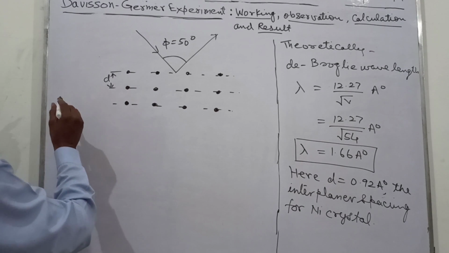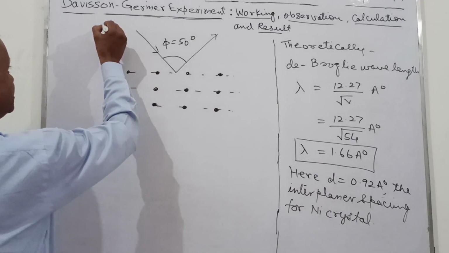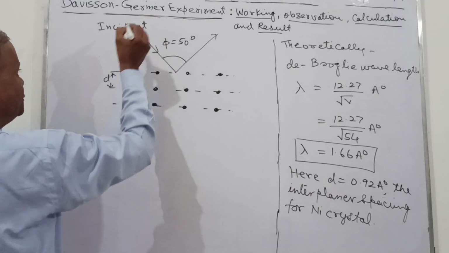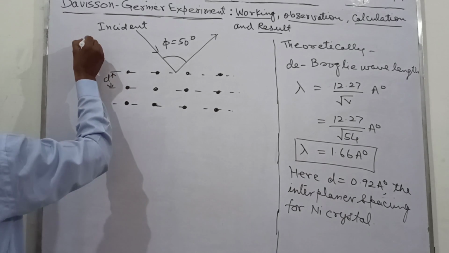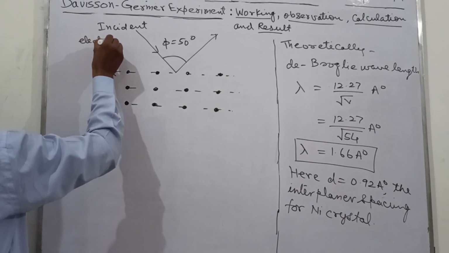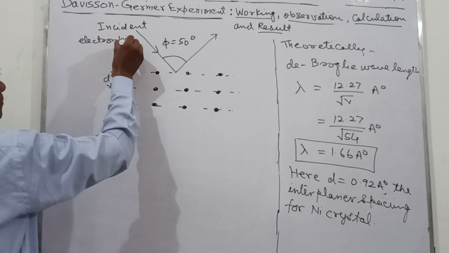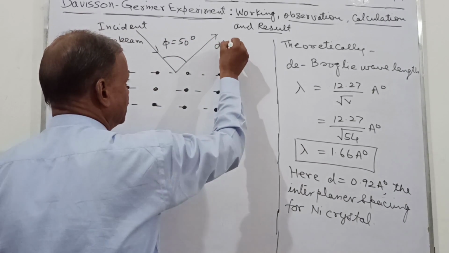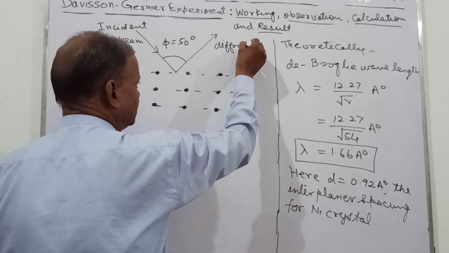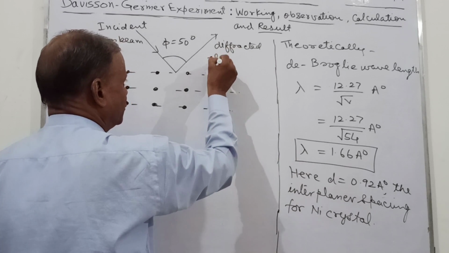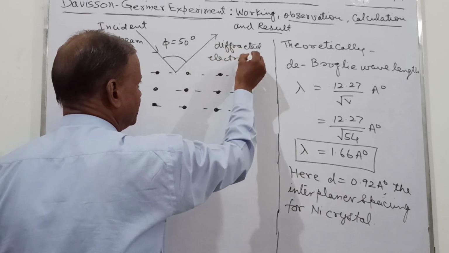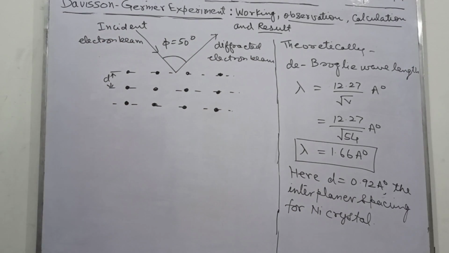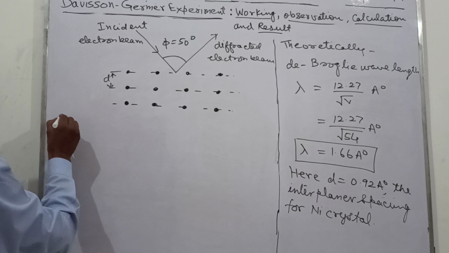Now this is the incident electron beam, and this is the diffracted electron beam. This is the angle of diffraction. So now we come to the result.